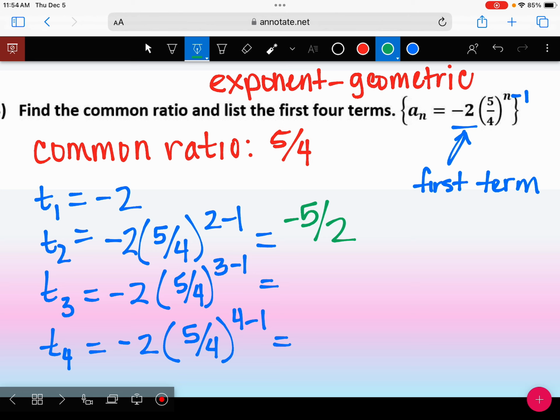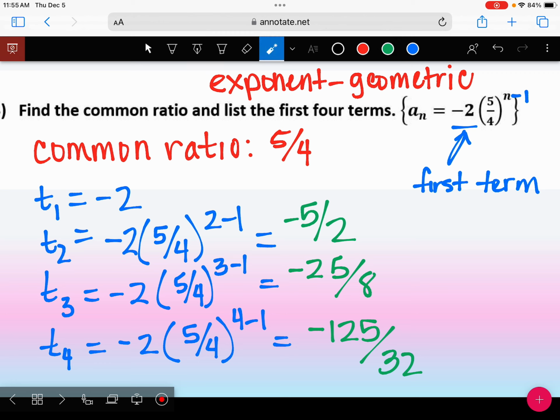And then for the next one, what did you get? Everybody change it to a decimal? Okay. And then the last one would be... And again, you could change all of those to decimals.